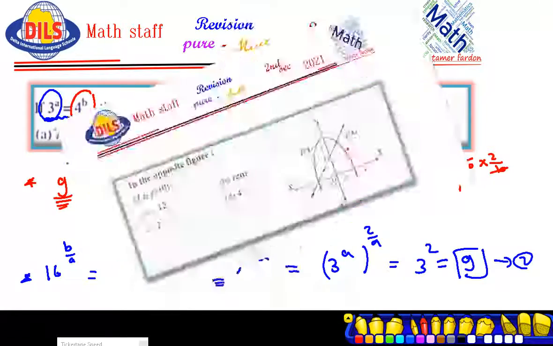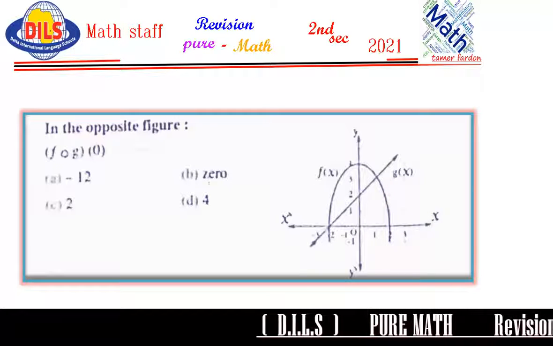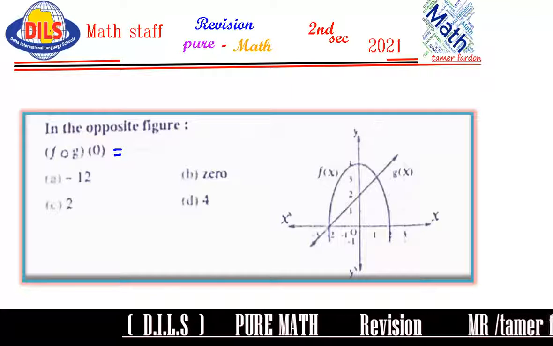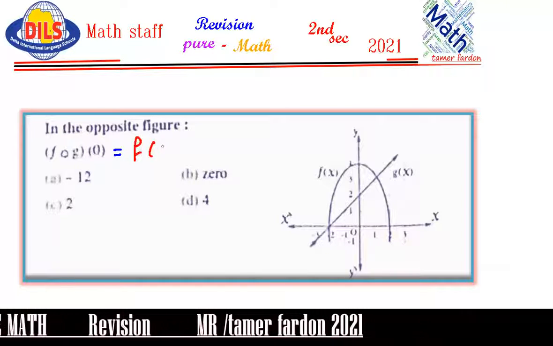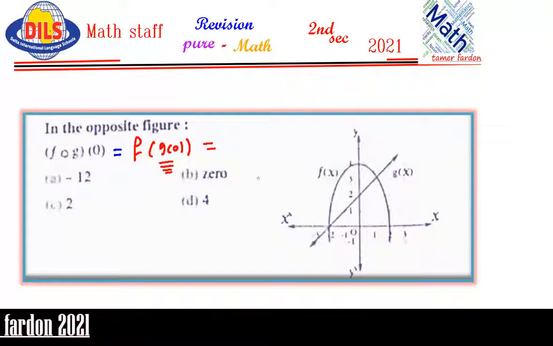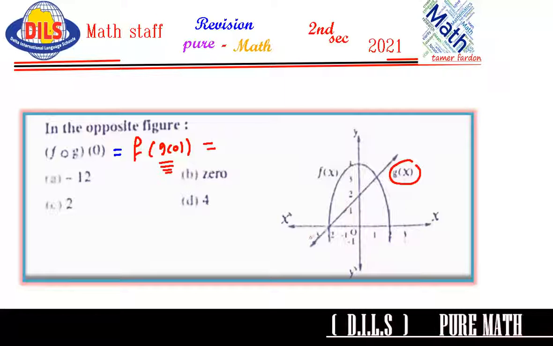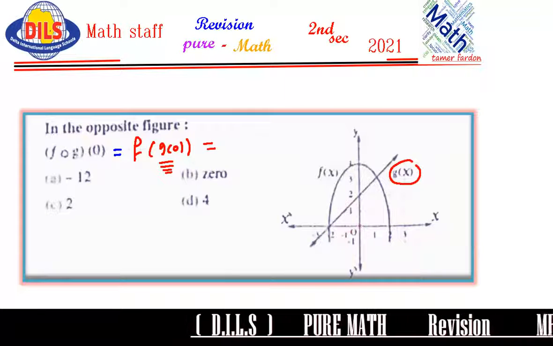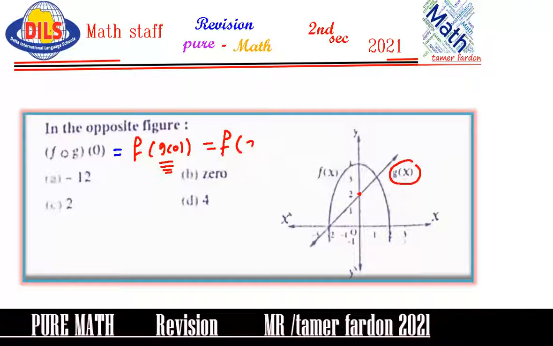The next, in the opposite figure, f circle g of 0. We know that f circle g of 0 equals f of g of 0. We can find g of 0 from its graph, the graph of g, which is a linear function. g of 0 equals 2, so this equals f of 2.